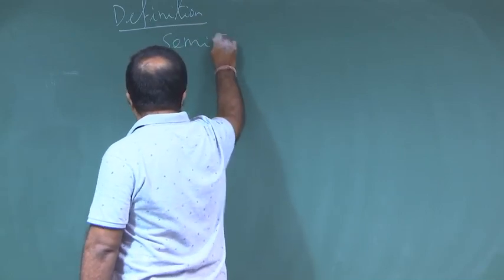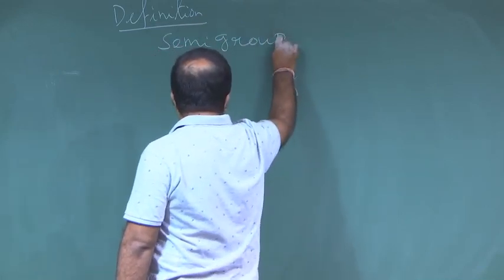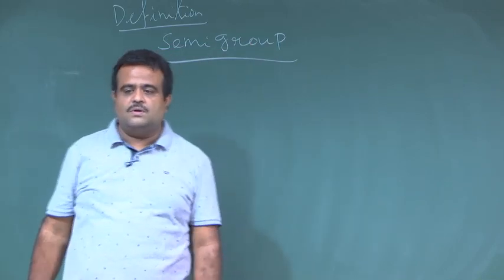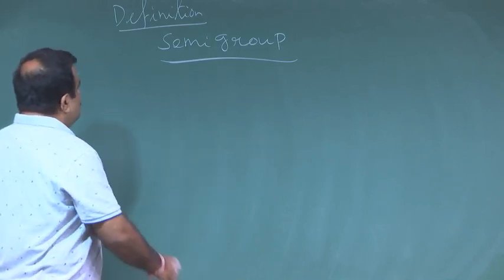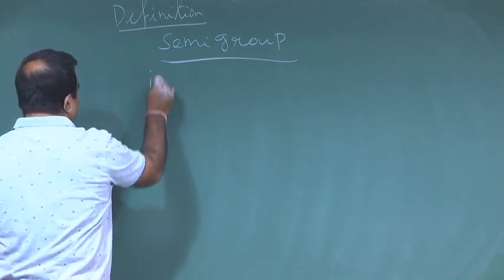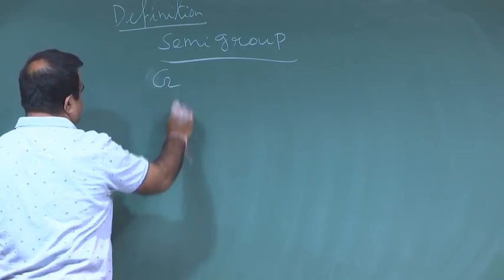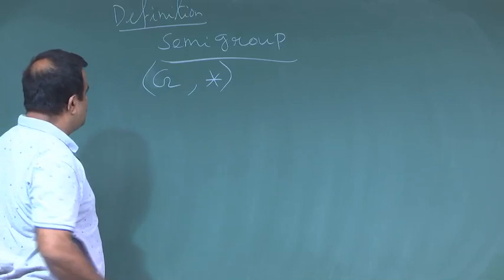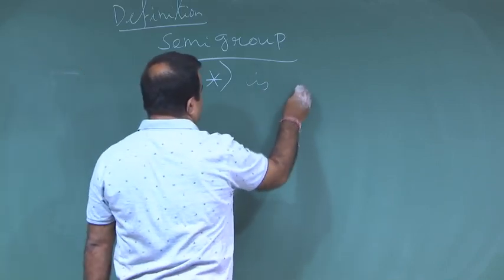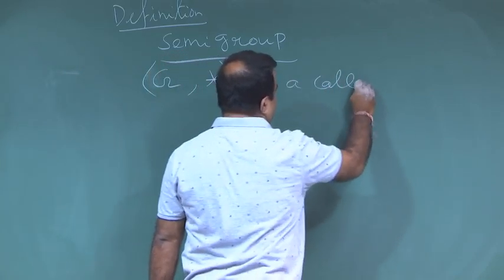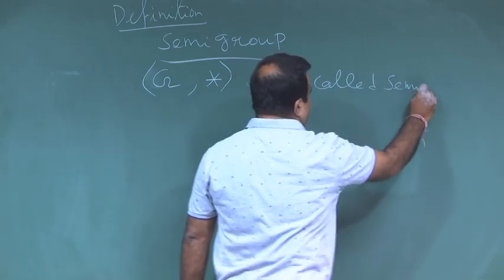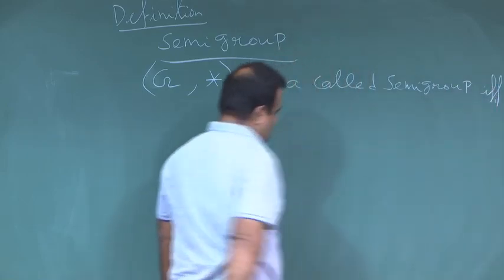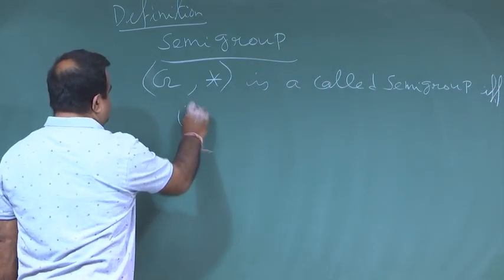Semigroup. We will slowly move to define the group. Okay, semigroup means, first of all, we have this G, the set along with a binary operator star, is called a semigroup if and only if star is closed.